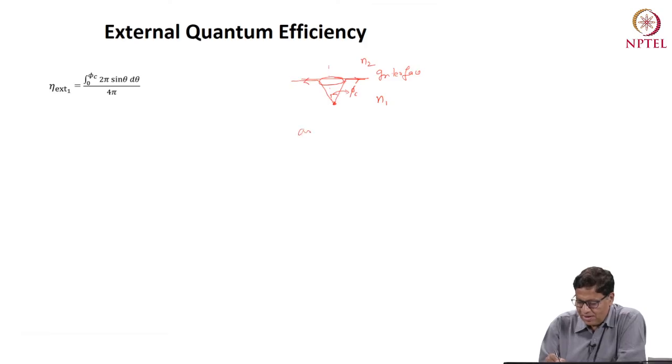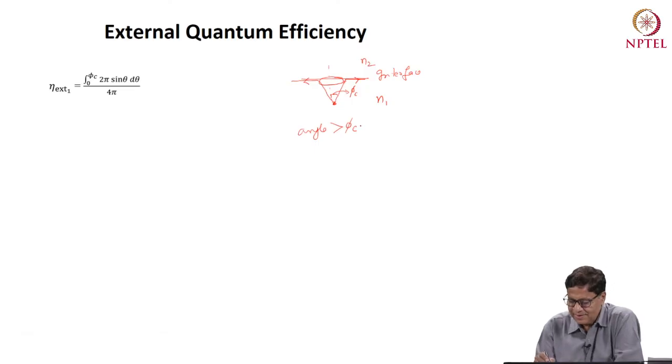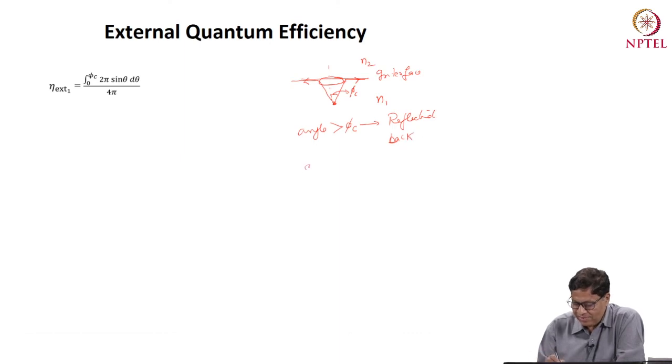So if your angle is greater than phi c, then the light gets reflected back into the medium, which is not useful. And if your angle is less than phi c, the light is transmitted out. What I have shown here is the critical angle, where the light is just grazing the interface.